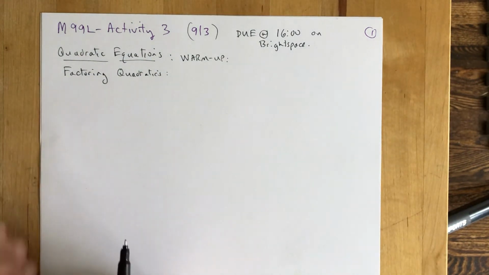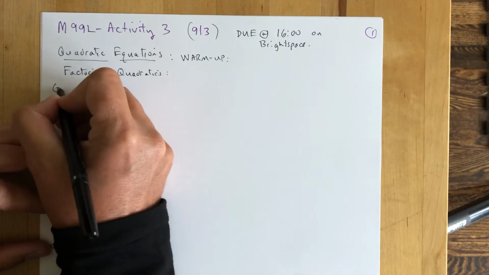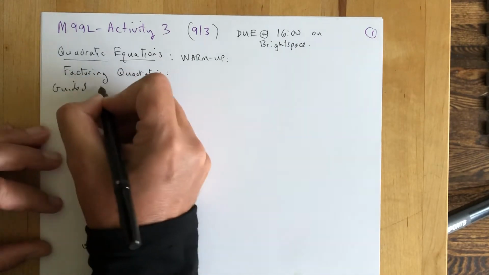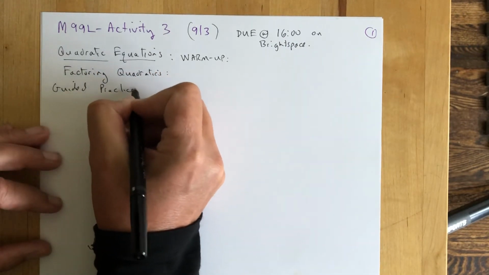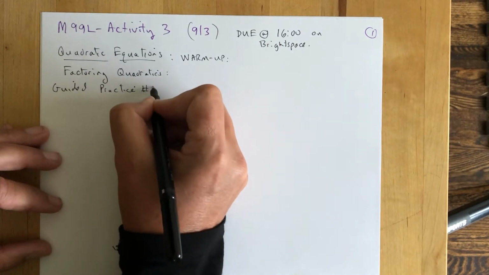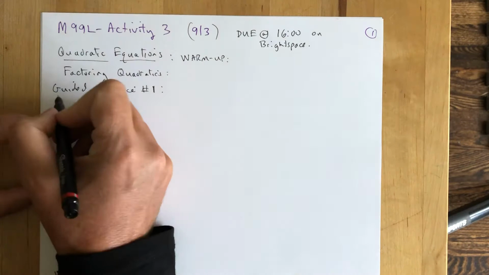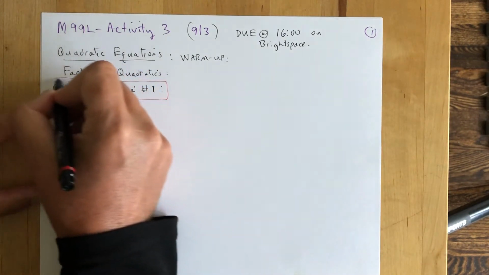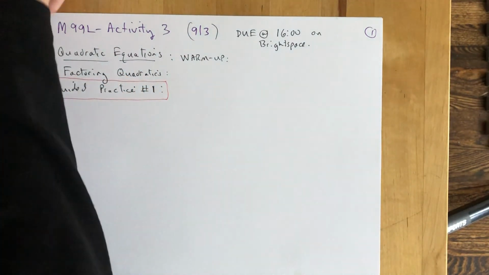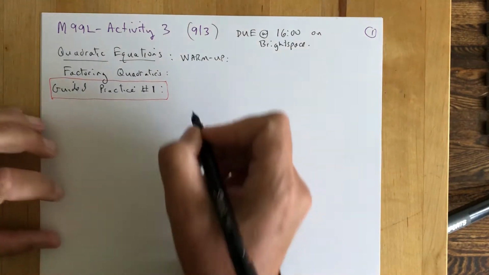So here we go straight away with the first guided practice. These are some of the problems you're going to turn in. Guided practice part 1. Try and make it crystal clear. It's in red here. Factor the following quadratics.